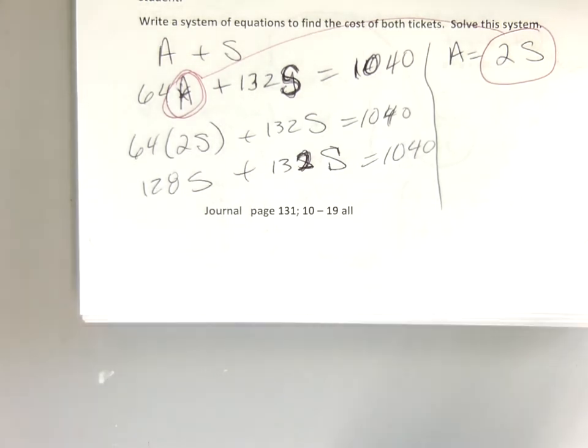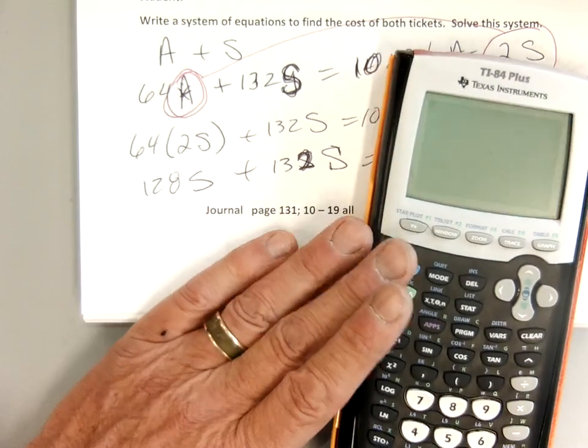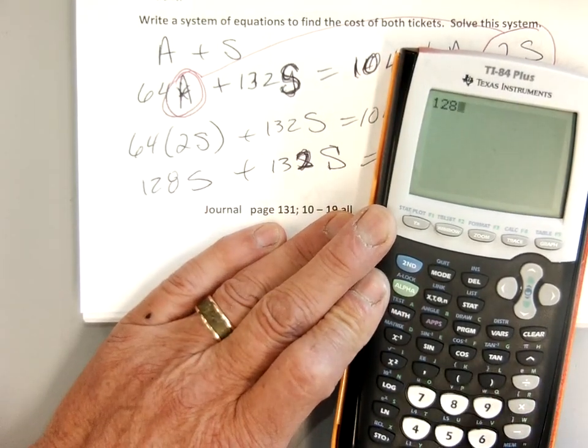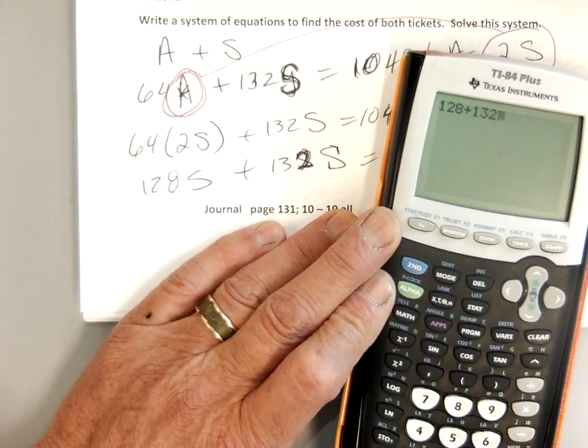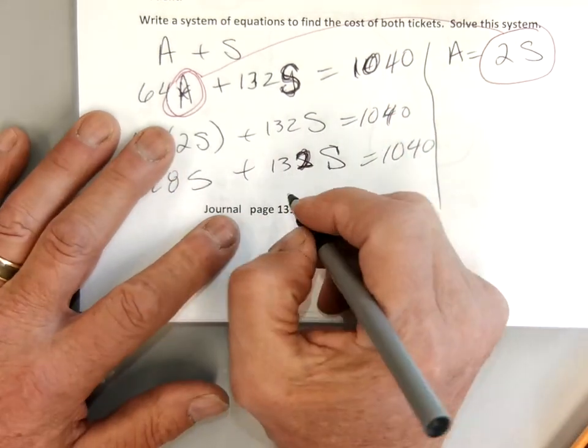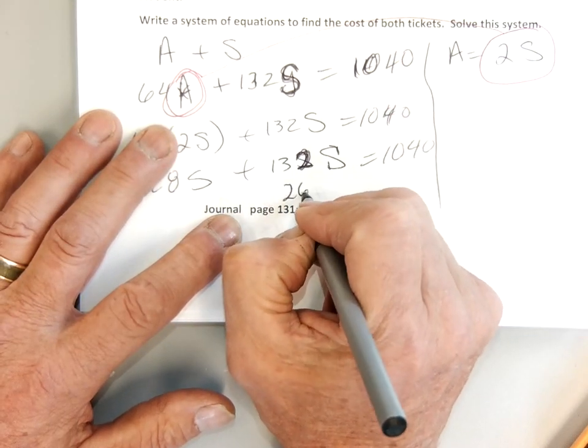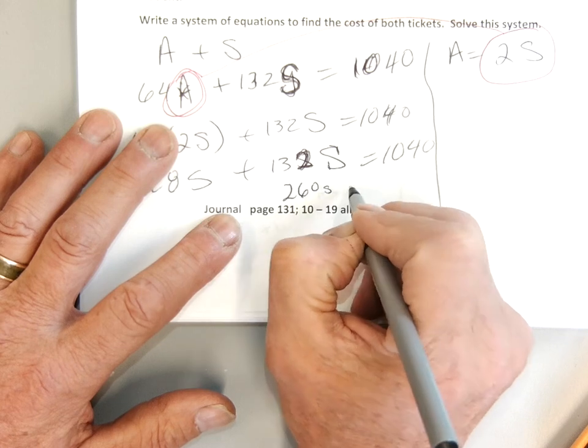Okay, so let me grab a calculator. Let's add those together, right? 128 plus 132, what is that, about 200 or something? Close to 300? 128 plus 132, 260, okay. 260, and you like a small s?